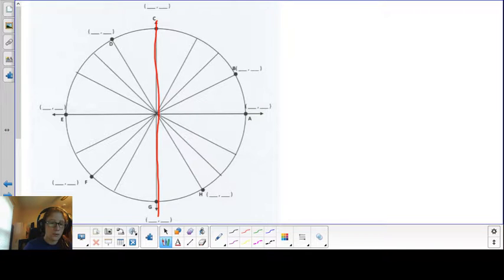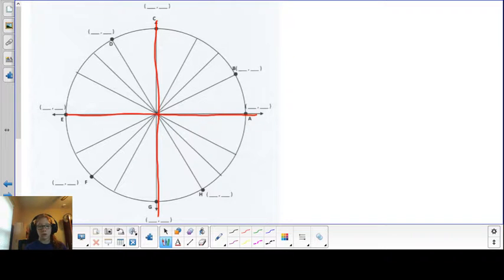These are the ones I really am going to want you to know the most, because these 4 are the most common points in a unit circle. And these points, no matter where your unit circle is, will be the same if it is a true unit circle.